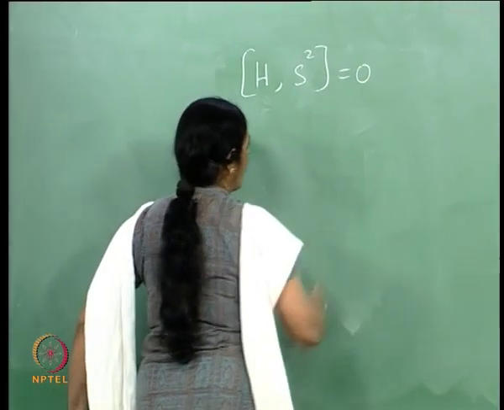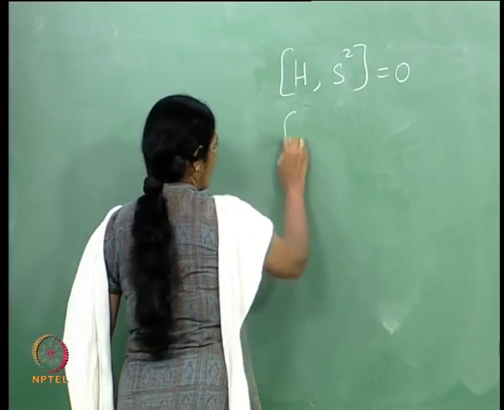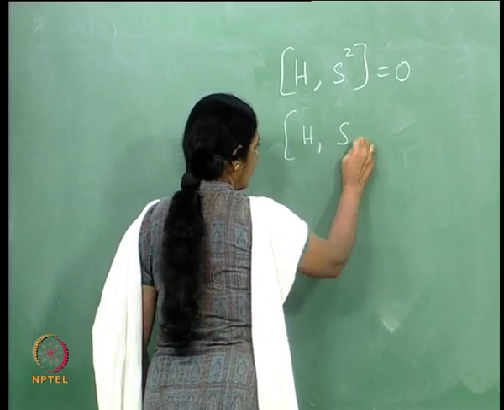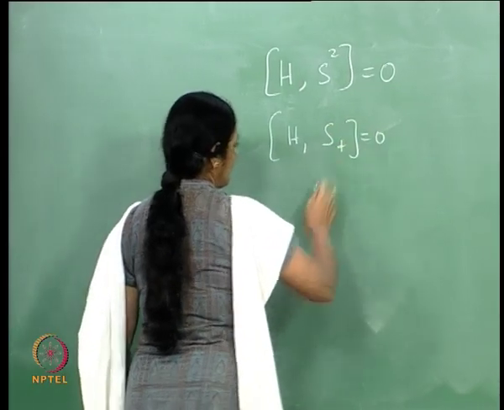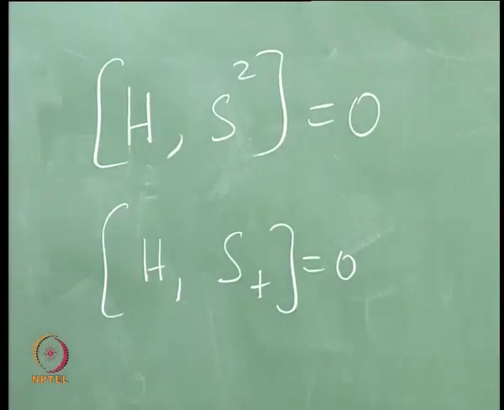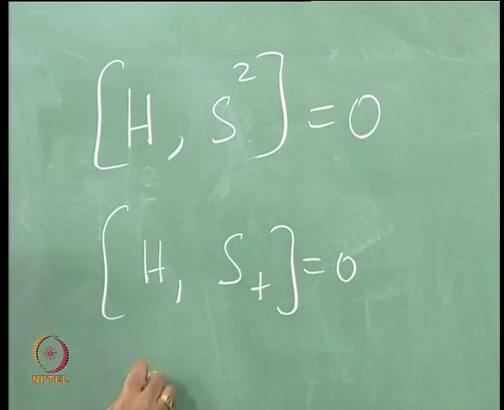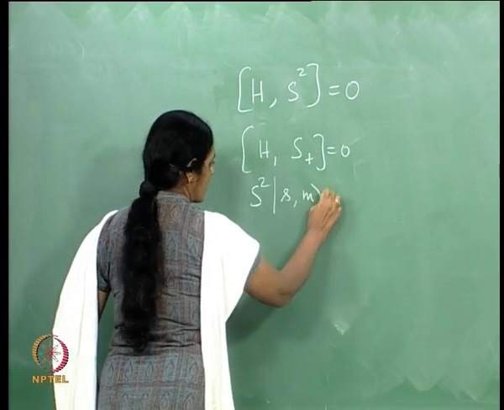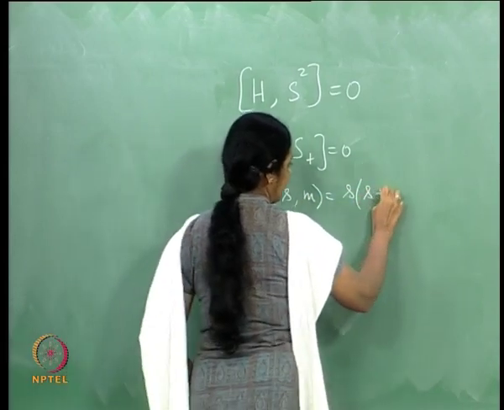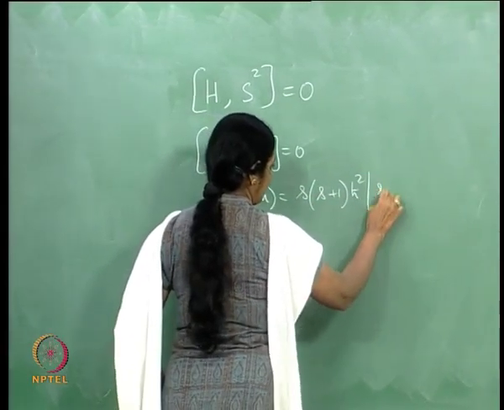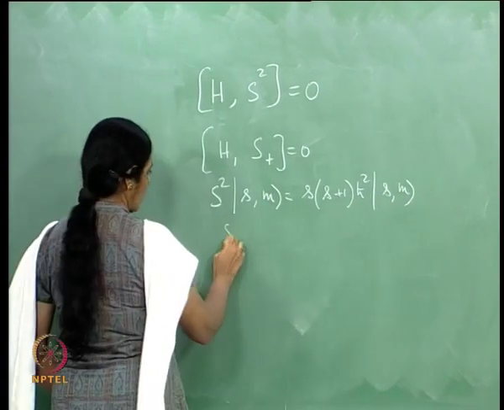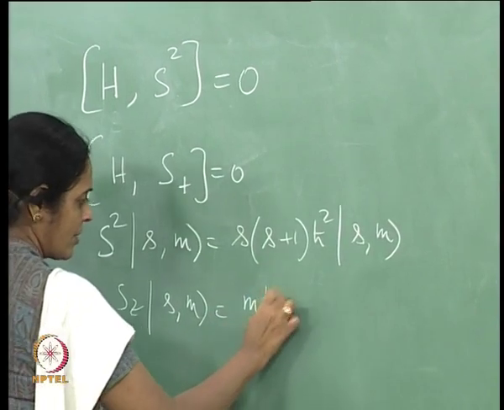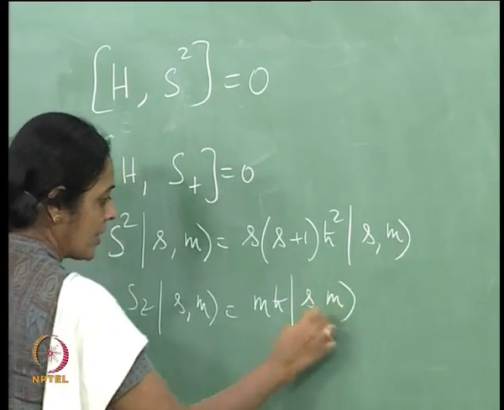Suppose I have a Hamiltonian which commutes with this, and the Hamiltonian commutes with Sx, Sy, Sz, and therefore with S plus. The spin eigenstates are denoted by |s, m>. Of course, Sz |s, m> is mħ |s, m>. These are the spin labels.